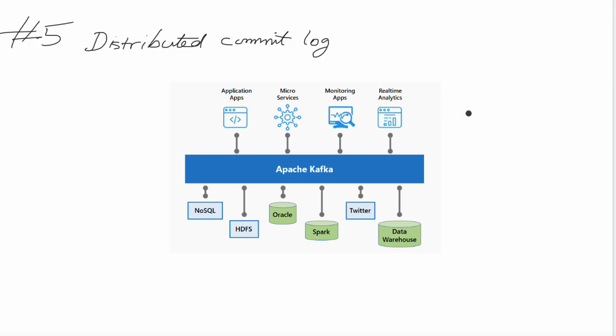And when you have microservices, all these microservices have their own set of logs. So a good way to look at what's happening across multiple services. In this example, I have an application, I have these microservices, I have some monitoring of some of these apps.